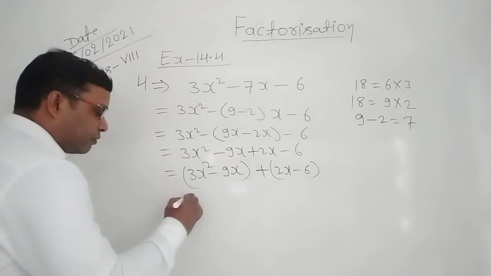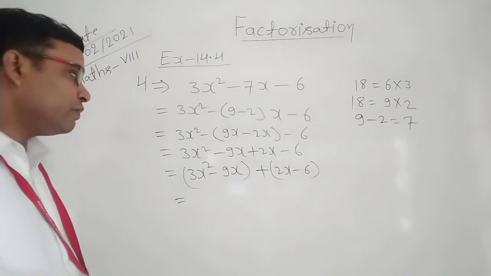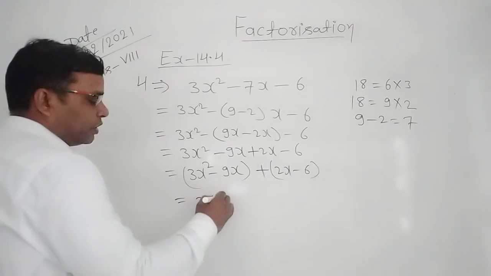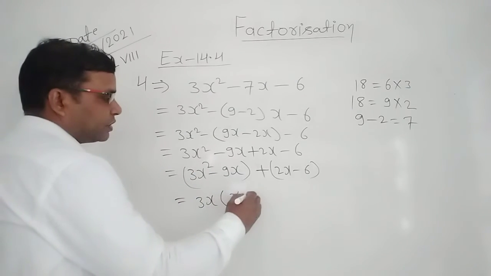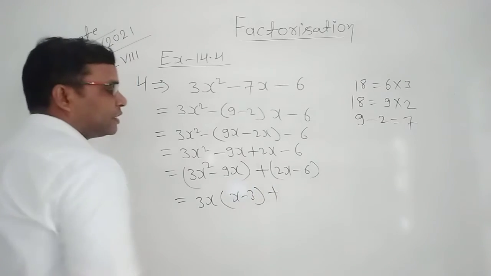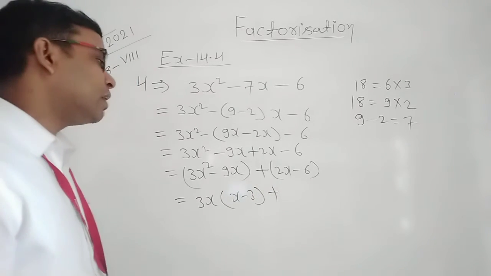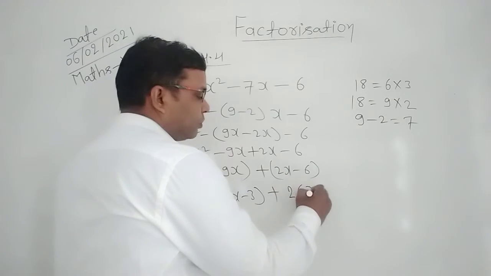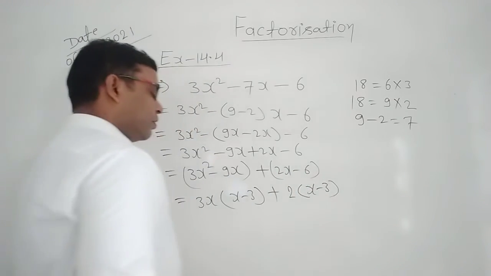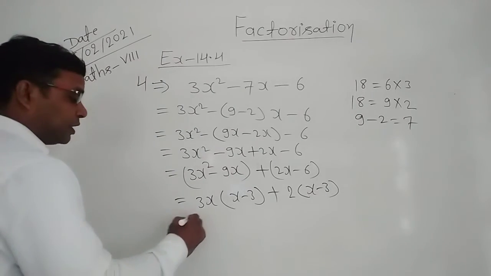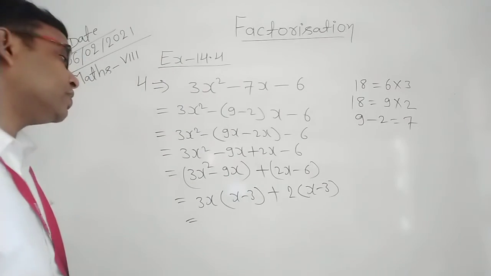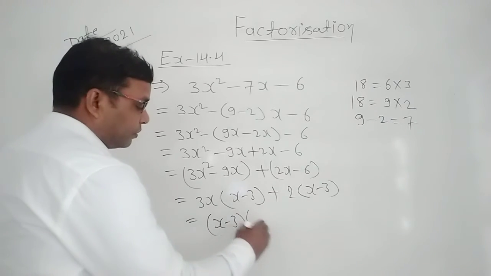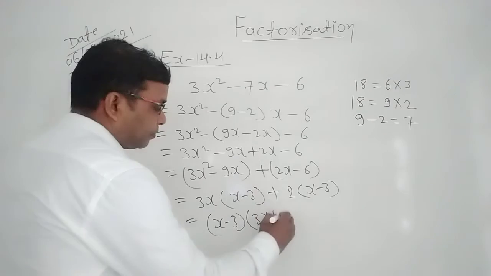In the first group, what is common between them? Obviously 3x is common between them, so we get 3x into x minus 3, plus. In the second group, what is common between them? Obviously 2 is common, so you get 2 into x minus 3. Okay, so after taking common x minus 3, we get x minus 3 into 3x plus 2.